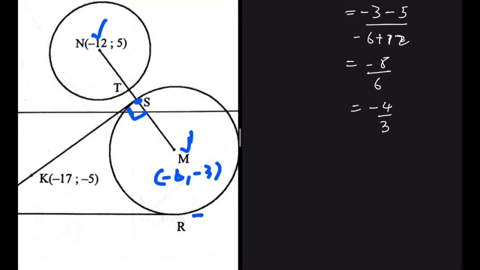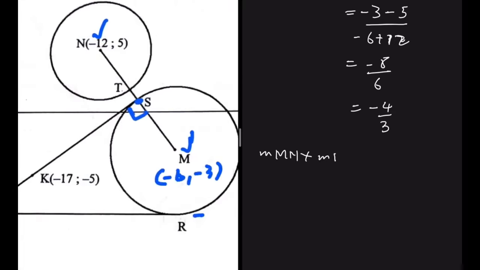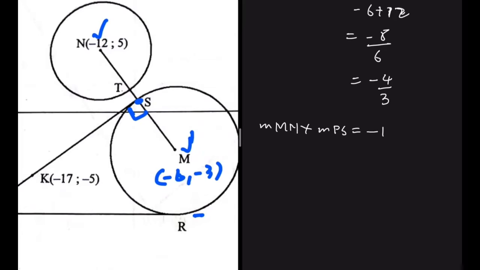So now, because those two lines are perpendicular to each other, we can say that the gradient of MN multiplied by the gradient of PS is equal to -1. Yeah, that is true. That holds if the two lines are perpendicular, right?